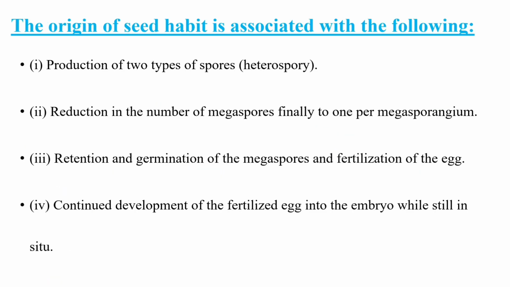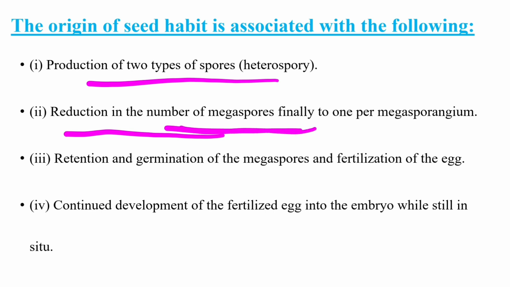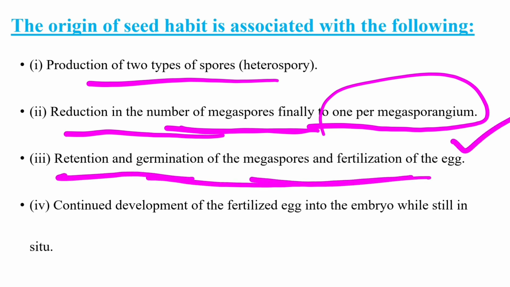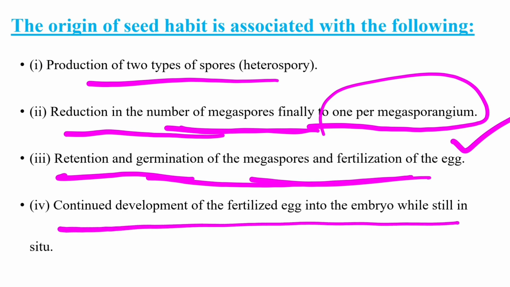The origin of seed habit is associated with the following: production of two types of spore, reduction in the number of megaspore finally to one per megasporangium, retention and germination of megaspore and fertilization of egg, continued development of fertilized egg into the embryo while still in situ.